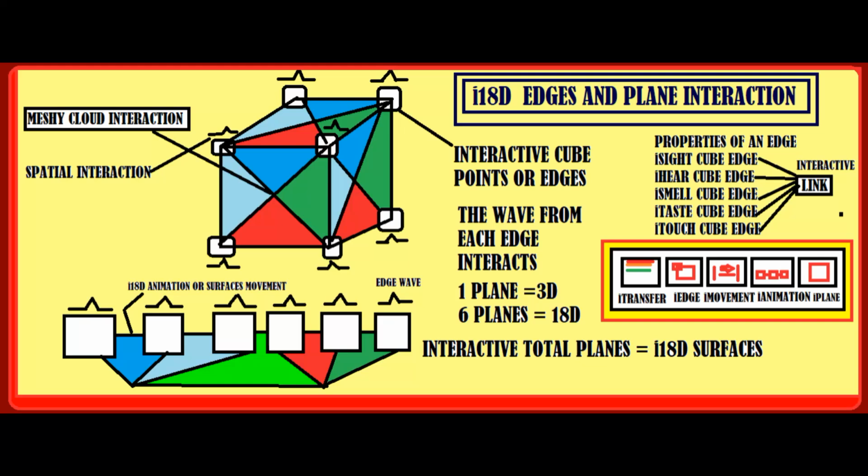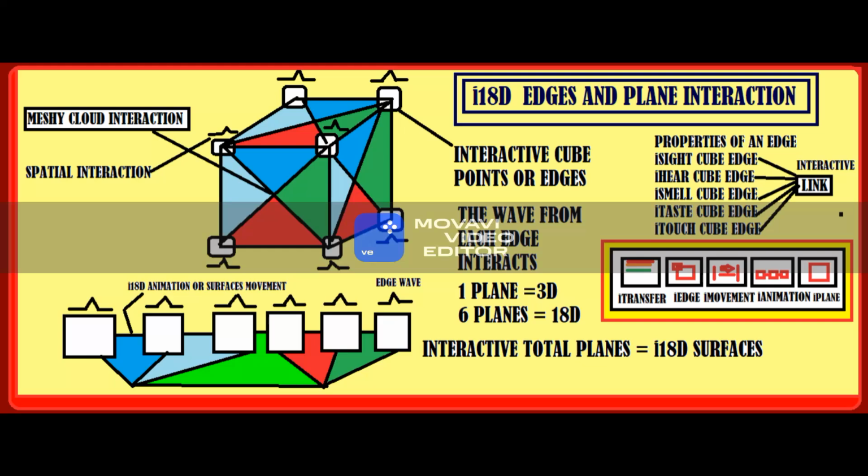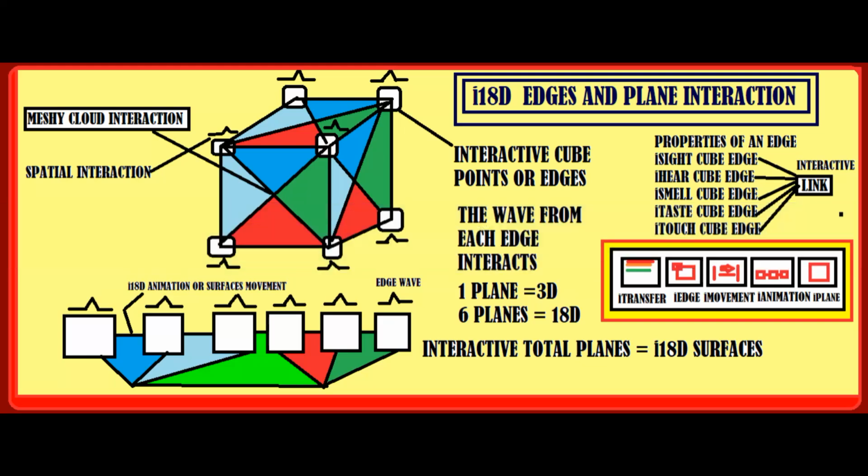And we can tell accurately that these planes and these edges are beautiful animating formats or spheres. And we can understand definitely that when they interact, there's a beautiful movement.